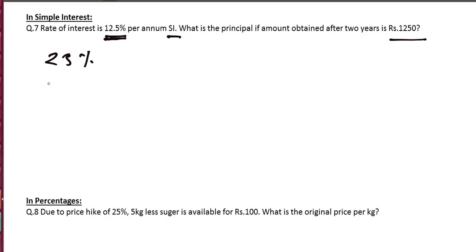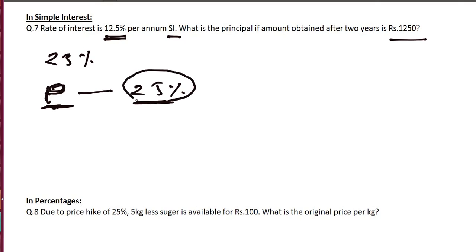So originally, whatever principal we had, it is becoming 25% more. The new amount after 2 years is becoming 25% more than the principal, right? This is the amount after 2 years, 25% more than the principal, because in 1 year it is 12.5%, in 2 years 25%, because it is simple interest rate.